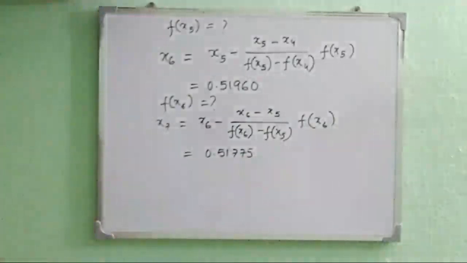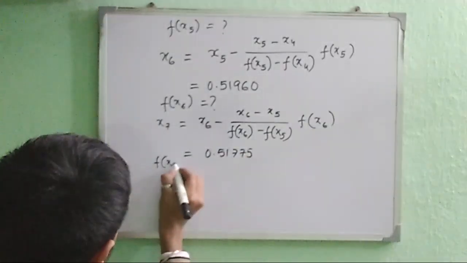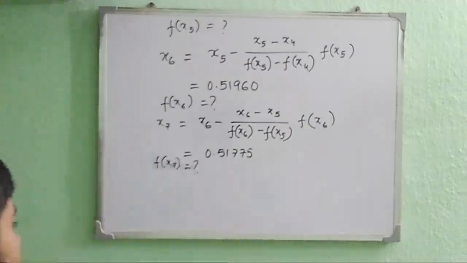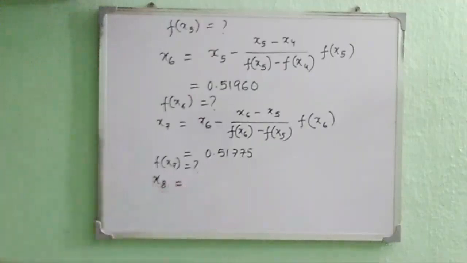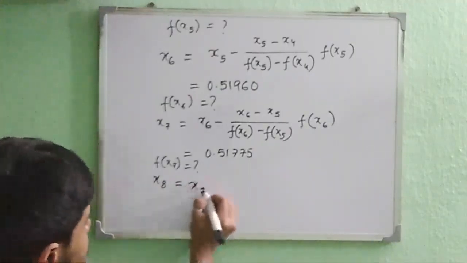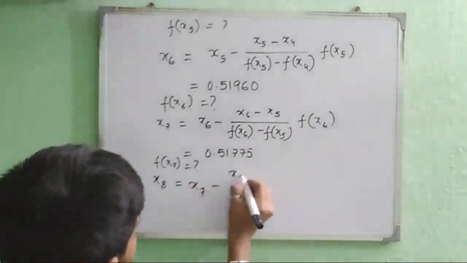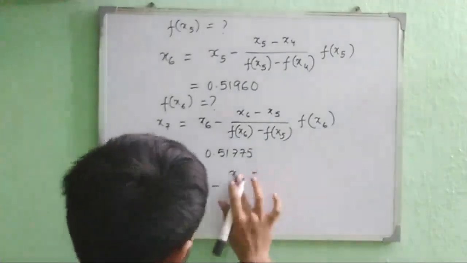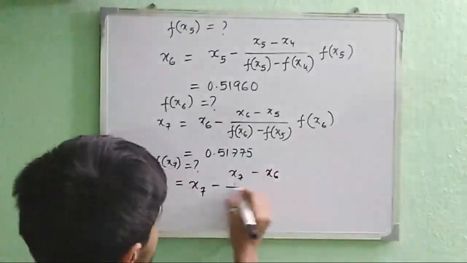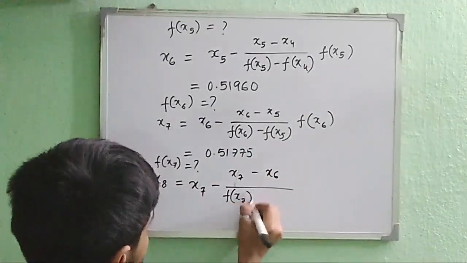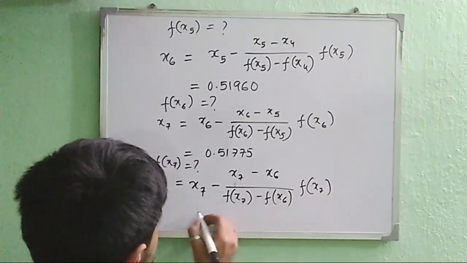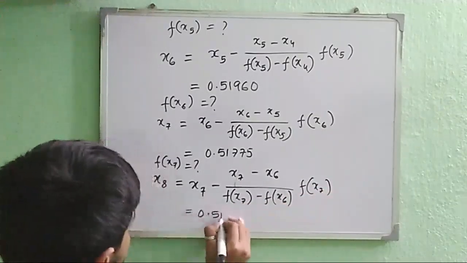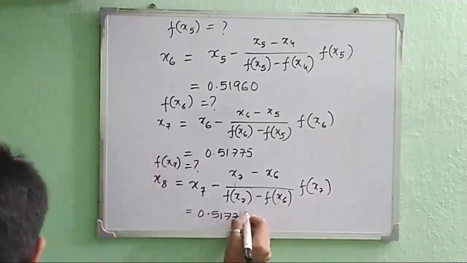Again from this we can calculate f of x7, and after calculating f of x7 we will calculate the value of x8. Now x8 will be x7 minus (x7 minus x6) divided by (f of x7 minus f of x6), into f of x7, which comes out to be 0.51776.